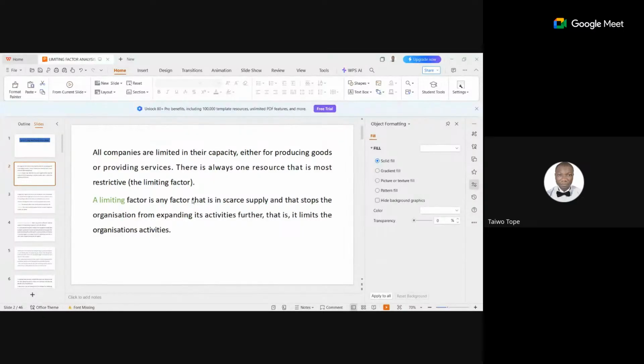Take note of that. In most questions, you might not be given selling price, or you might be given selling price but not given the variable cost. So you look at which of the variables in the question that you can use to determine your contribution.